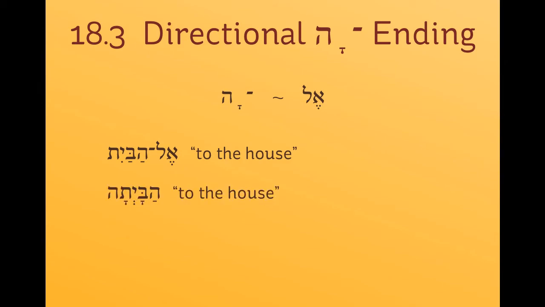Habayta means to the house, and they're equivalent. They're also interchangeable. You can use one or the other, but not both. You can't say el habayta, where you have both preposition el and the directional kametz he ending.